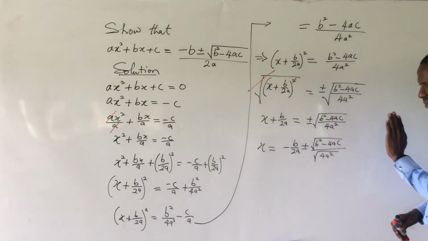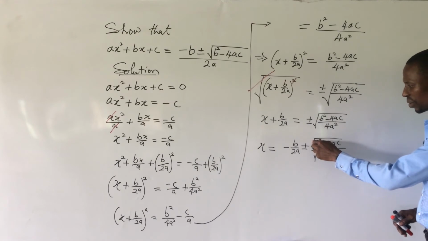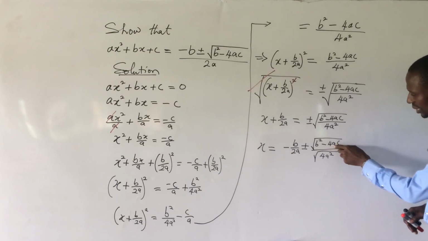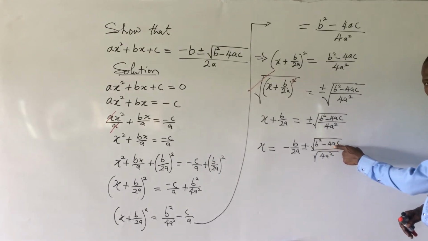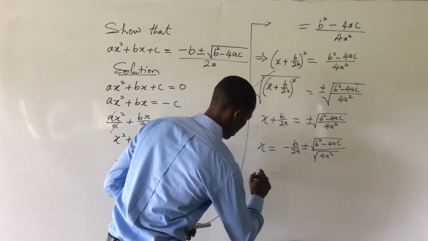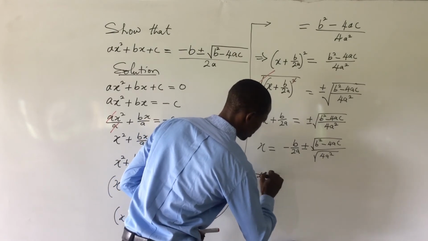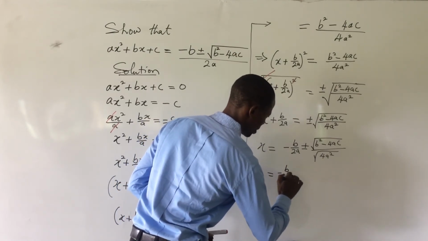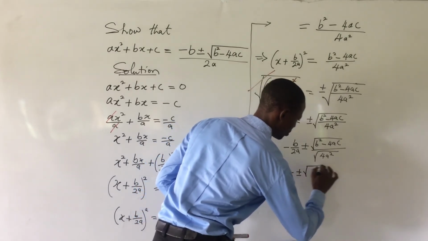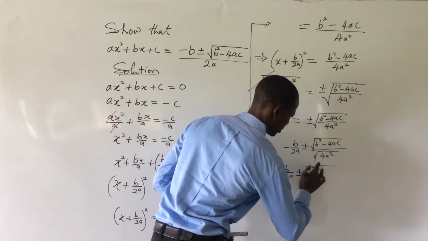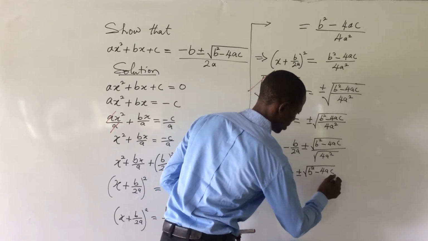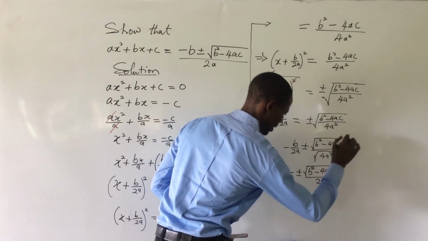The top will remain. Why? Because here the square root can take care of this square. Here is a perfect square, 4, but a is not a perfect square. So this top remains the same. So if we do this, this will now give us here x is equal to minus b all over 2a plus minus the square root of b squared minus 4ac all over 2a.